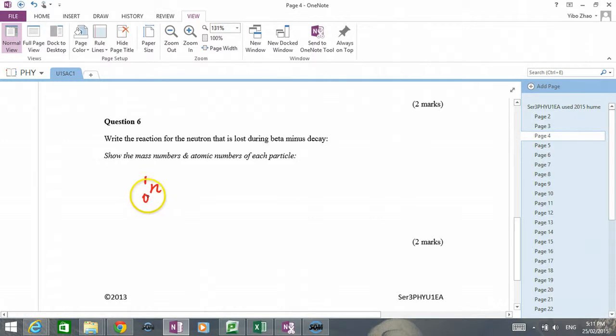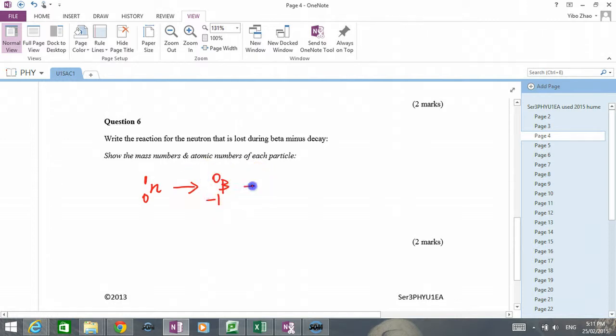So the atomic number is 0, and there's one neutron, so the mass number is 1. Remember, the number of protons plus the number of neutrons is the mass number on the top. Then it goes under beta decay. So somehow this neutron released a beta particle like this.